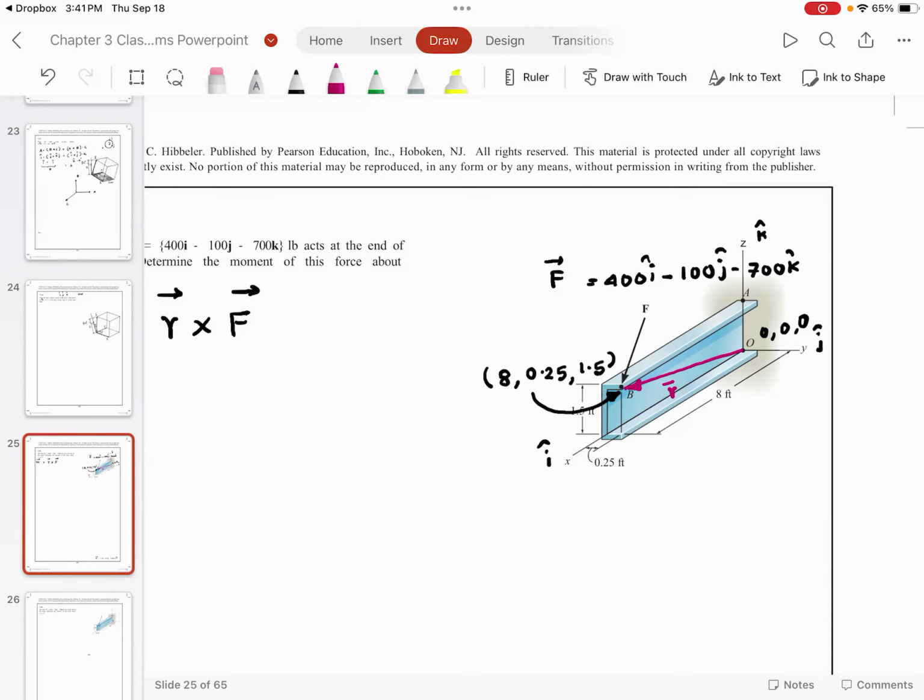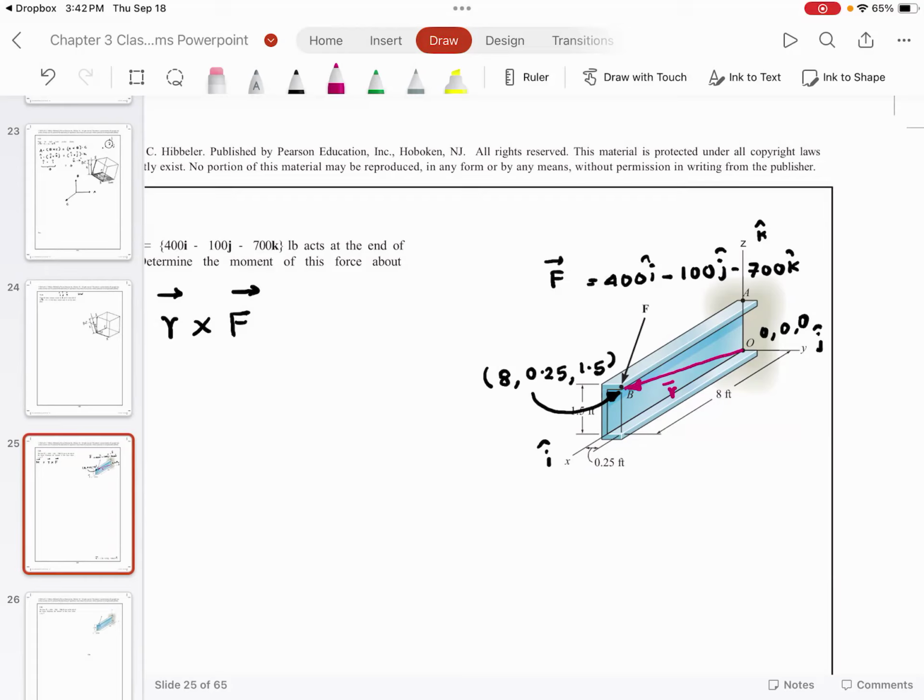Your reference frame is at point O. If you want to go from point O to point B, you need to travel 8 feet in the x direction, which is 8i, then 0.25 feet in the y direction, which is 0.25j, and 1.5 in k.